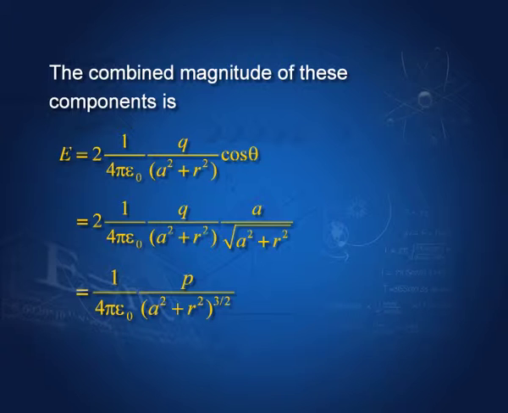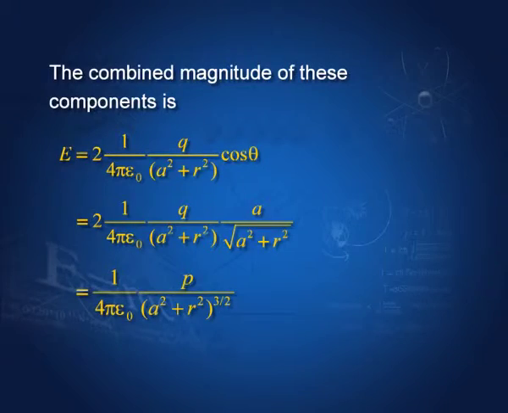So it becomes 2 into 1 by 4 pi epsilon 0 q by (a squared plus r squared) into a by this. So 2aq, as I told you, this 2aq will occur very frequently, and that is known as the dipole moment. So it is p by (a squared plus r squared) raised to power 3 by 2.